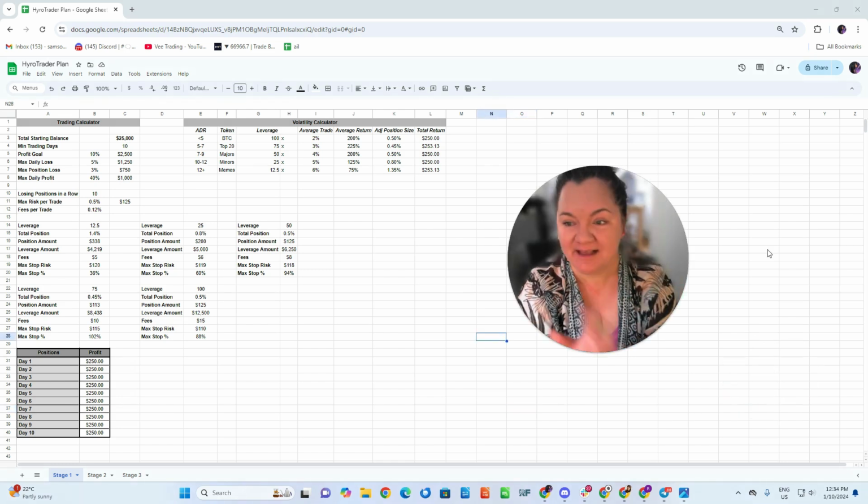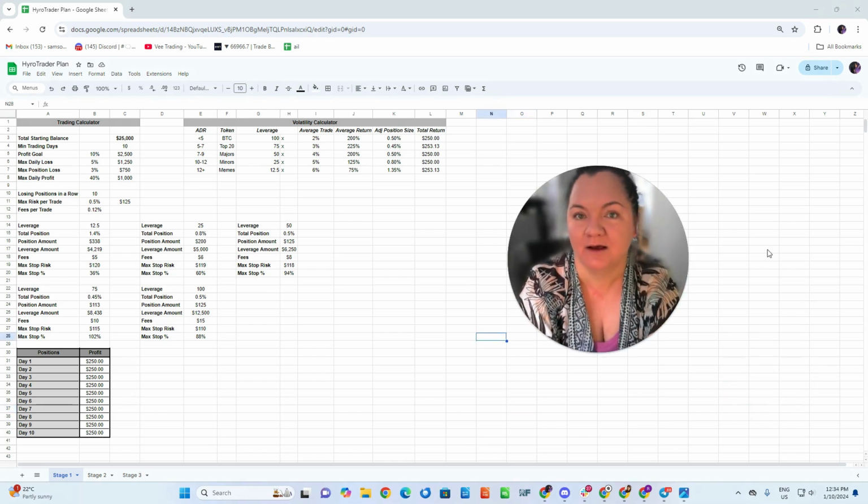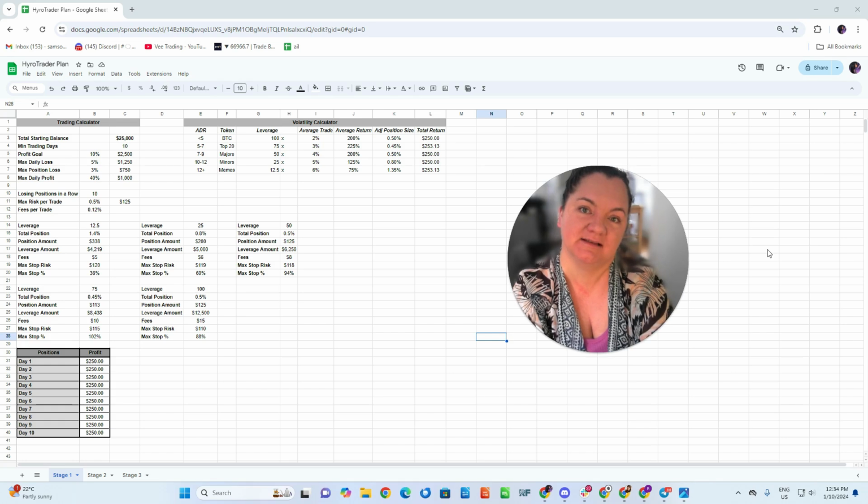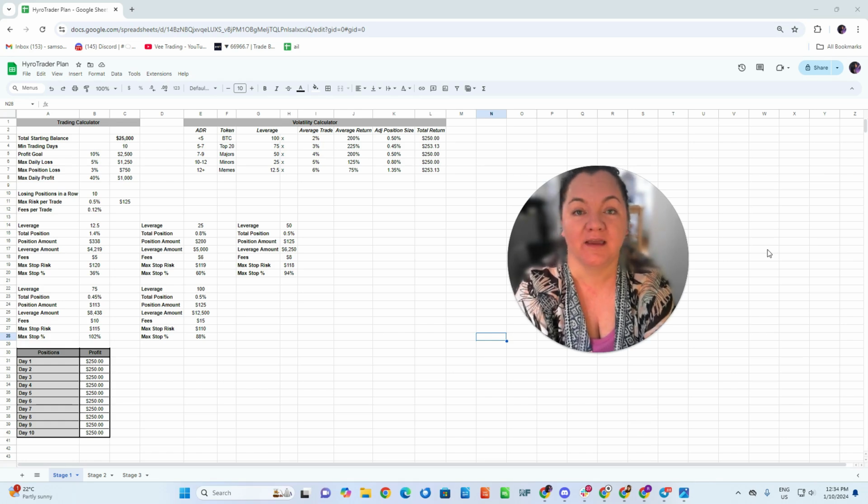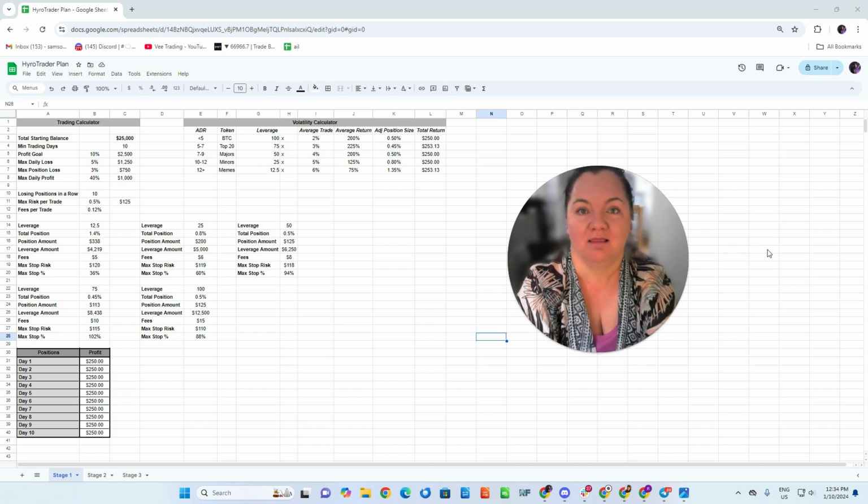Awesome, so that's how I've worked out how to use leverage and position sizing in order to make an average of $250 per trade, depending on volatility and leverage. It really can be as simple as those 10 trades, because you do need to show relative position size and consistency over time.